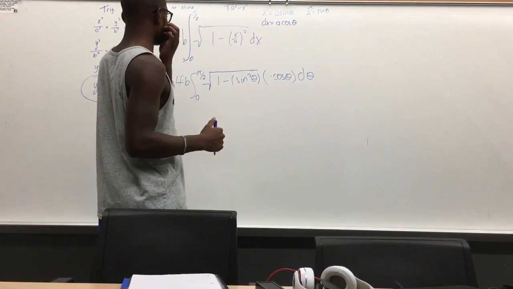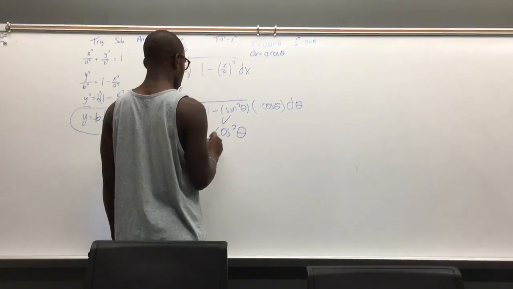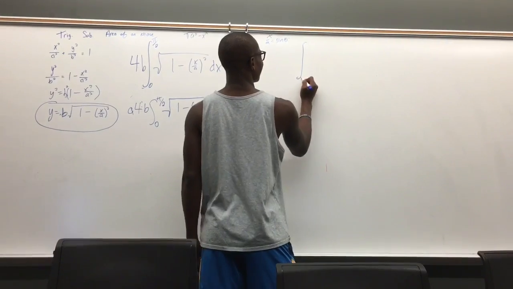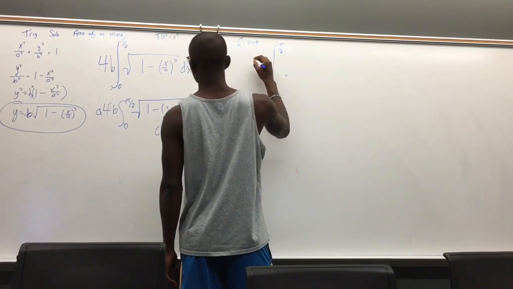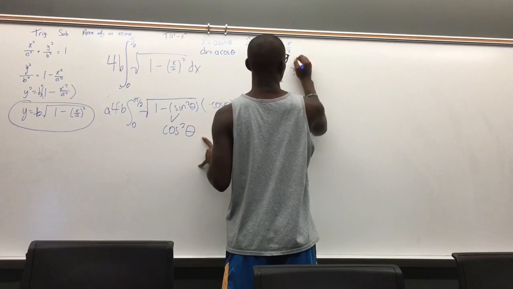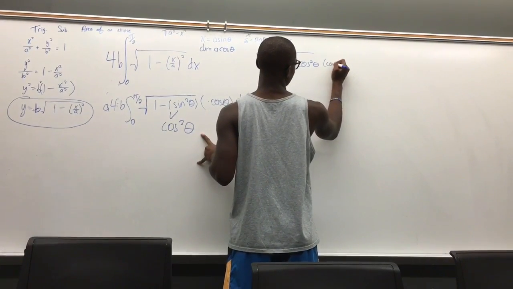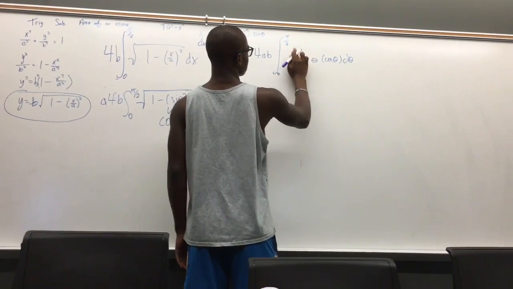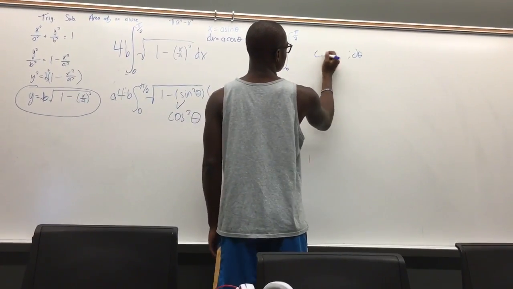And then you can substitute this for cosine squared of theta, and so this becomes the square root of cosine squared theta times cosine theta d theta, and the square root and the square cancel out, and so what you're left with is a cosine squared of theta.